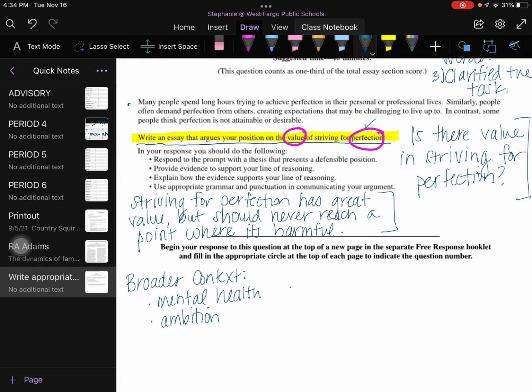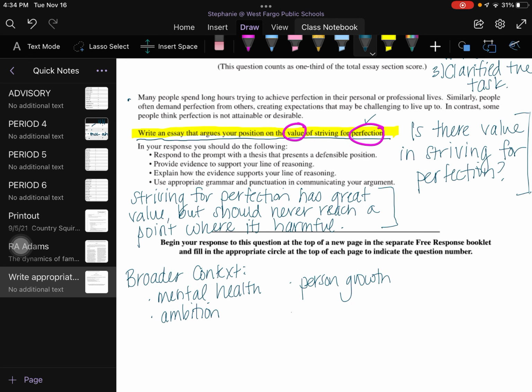I can talk about personal growth. I can talk about perseverance. I'm not sure I know how to spell that. I can talk about a growth mindset. These are all larger picture things that I can connect to.